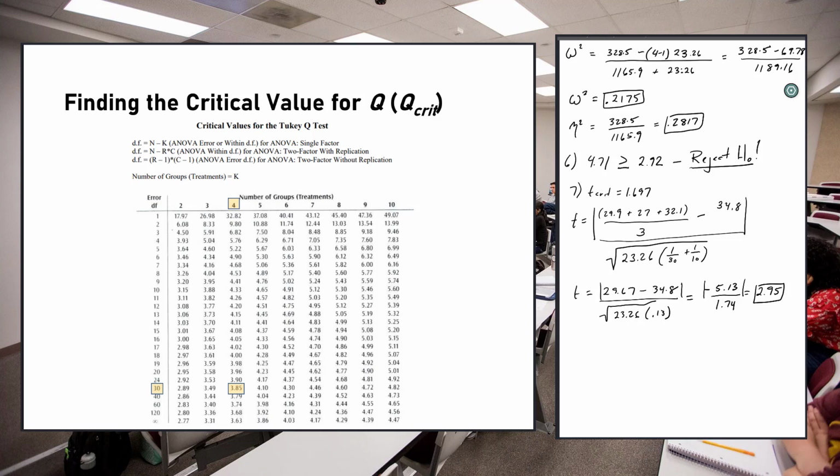And then for our error degrees of freedom, that is just our degrees of freedom for within, right? Our unexplained variance or error variance. We're going to use the degrees of freedom of 36. Again, we don't have a 36 on the chart, so to be conservative, we use the next appearing numerically lowest number, which is 30. And we get a critical value of Q of 3.85.